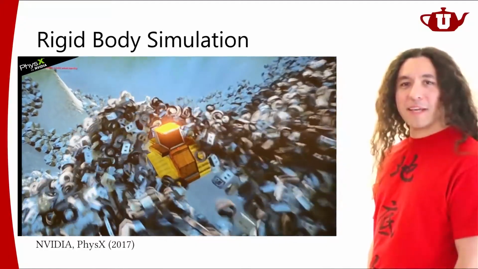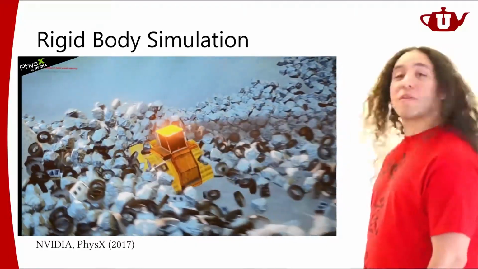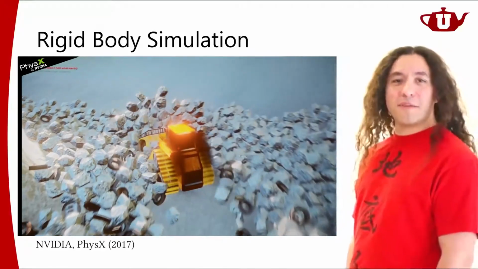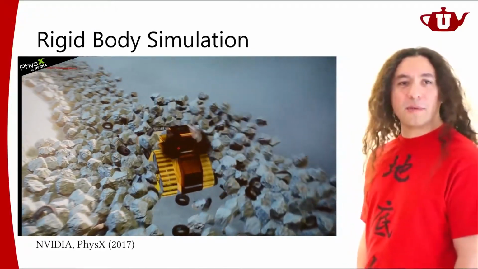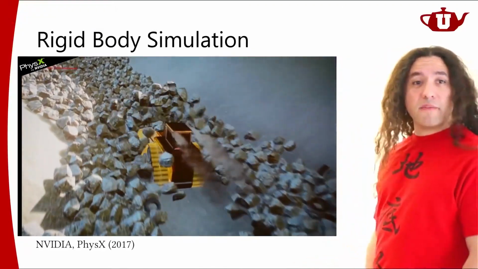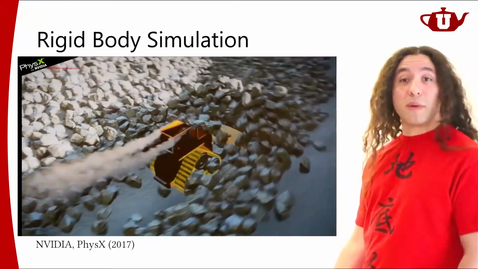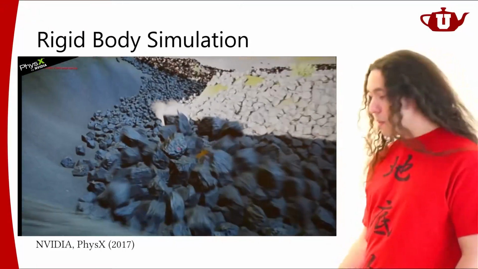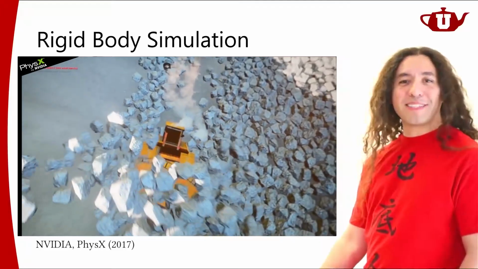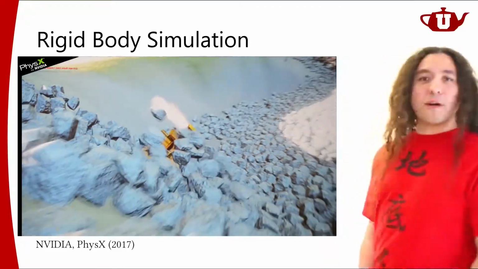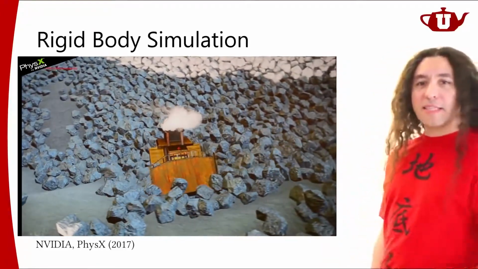As you can see, there are quite a few objects here. They're colliding with each other, stacking on top of each other. This is PhysX, NVIDIA's GPU rigid body simulation system that can handle rigid bodies. The concept of rigid body simulation is not very new.